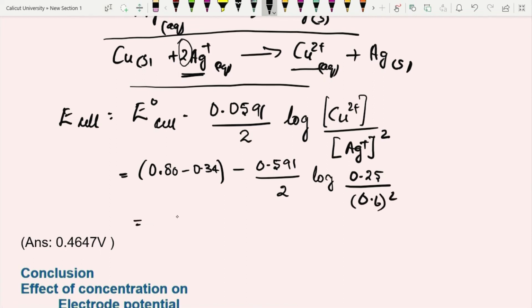Solve for it and you will get the answer as 0.4647 volts.